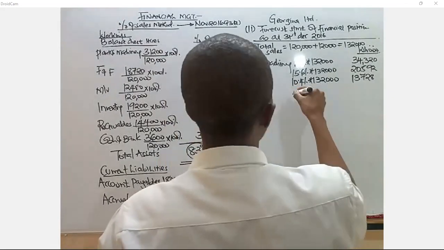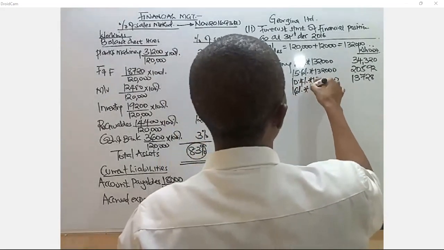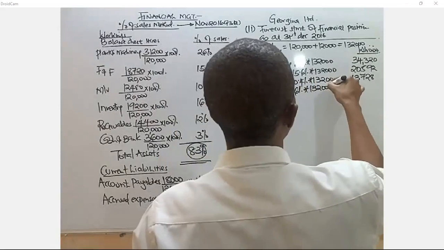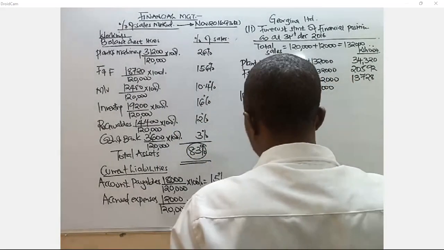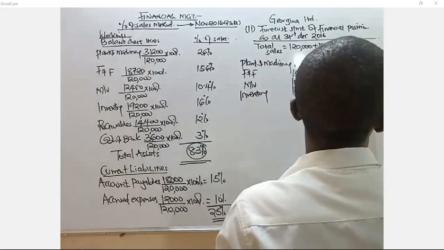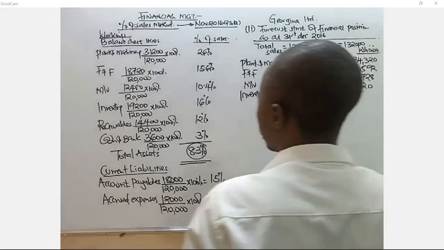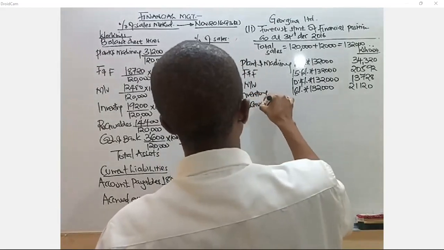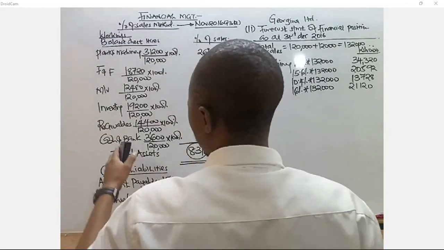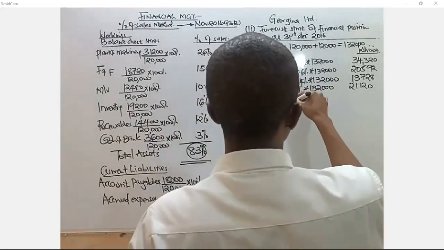Then we have inventory. Our inventory should be 16% times 132,000. So 0.16 times 132,000, getting 21,120. The other one, you can look at the receivables of ours. The receivables, we were able to get around 12%.